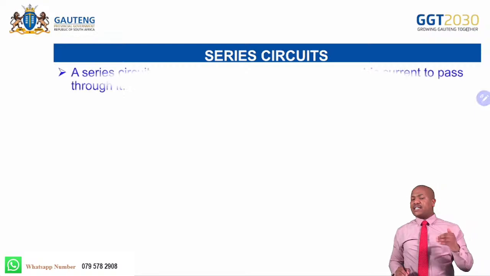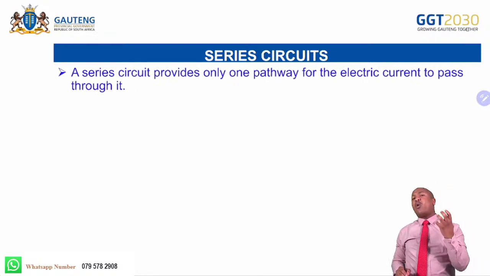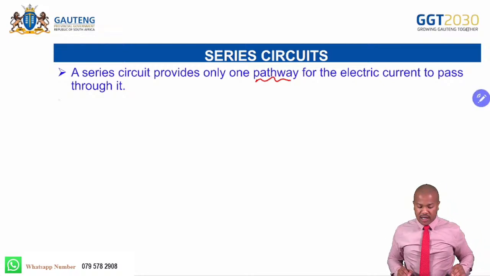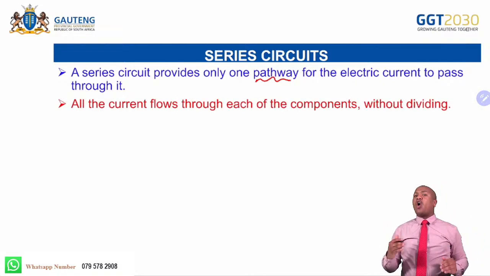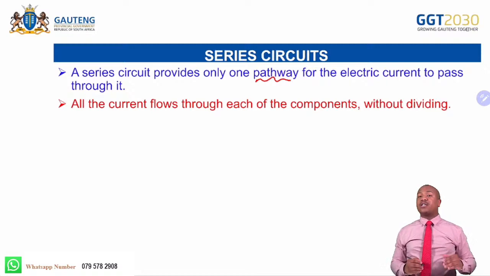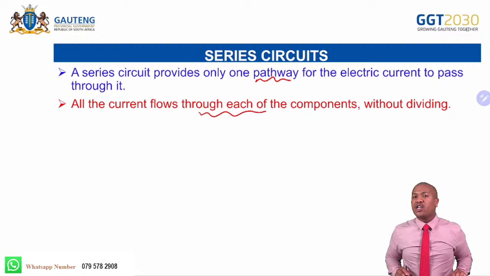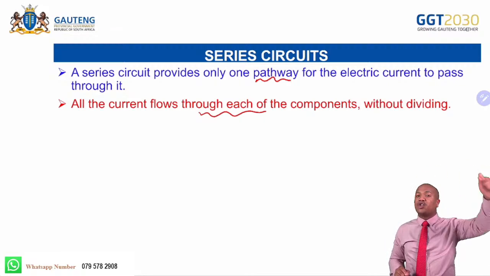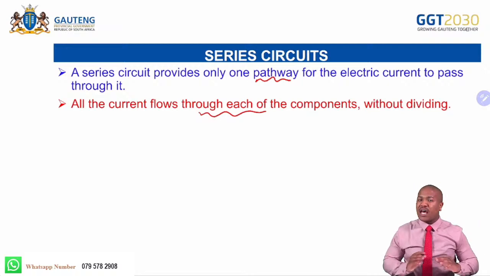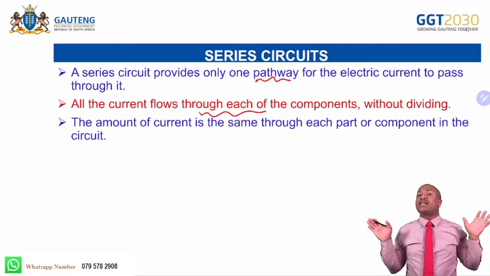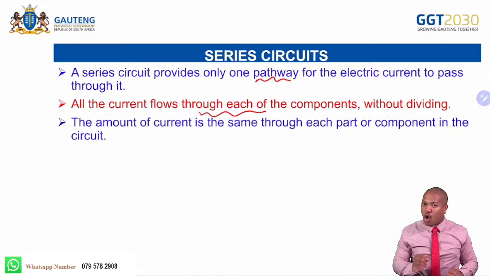Now moving on. We said that a series circuit provides only one pathway for the electric current to pass through, right? So all the current flows through each component without dividing. It's going to be used up in each of the components in that series circuit. It means the current is the same as it moves along that conductor.